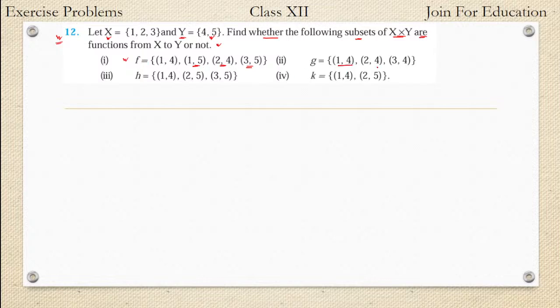Similarly, the ordered pairs 1 4, 2 4, 3 4 are the elements of g. Similarly, the ordered pairs 1 4, 2 5, 3 5 are the elements of h. Similarly, the ordered pairs 1 4, 2 5 are the elements of k. Of that, there is no problem to understand the question.